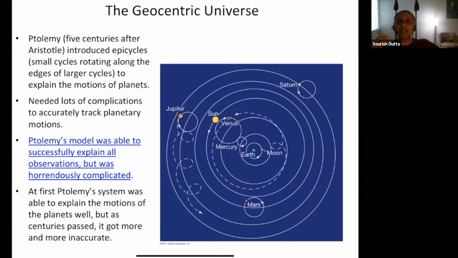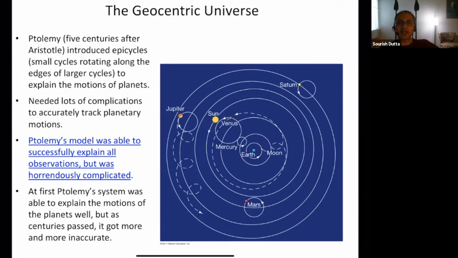And so then you can make predictions on where a planet is going to be in the sky, right? So based on this model, it was possible to make predictions to say that, okay, at the time of winter of this year, Jupiter should be seen in this part of the sky, in this constellation, or Mars should be seen in that constellation, and so on.